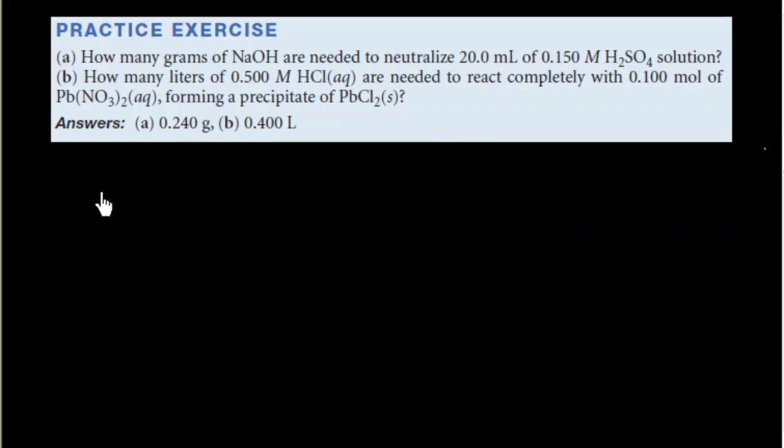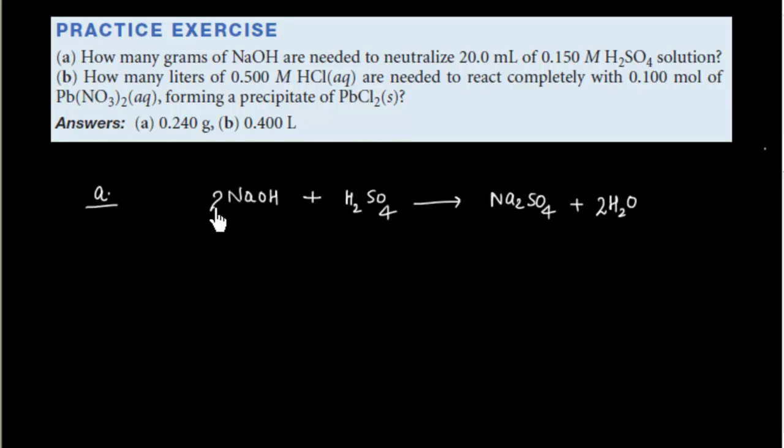So how will you do the first one? We have to find the mass of NaOH, and we have been given the volume and molarity of H2SO4. First we have to write the reaction: 2NaOH plus H2SO4 gives Na2SO4 plus 2H2O. Now this is the balanced reaction.